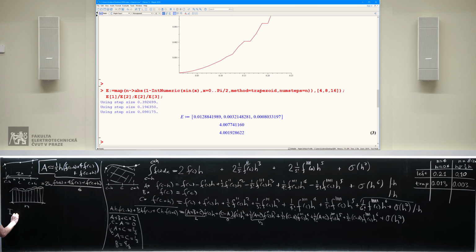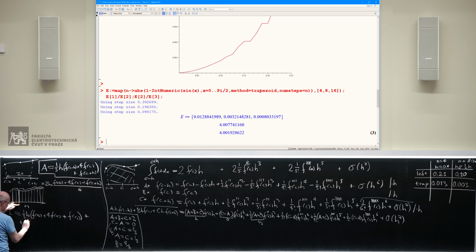So the integral gets approximated by, from the first double panel, there will be 1/3 h, and there will be the first value, f, which is actually this point on the left, which is f(x0). Then 4 times the point in the middle, which is x1, and the point at the right endpoint of this double panel, which is f(x2).